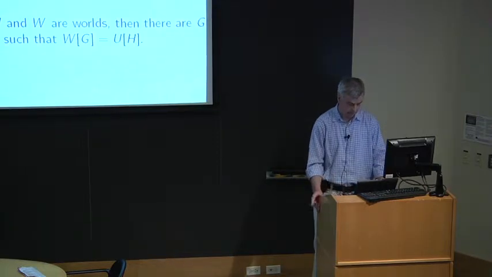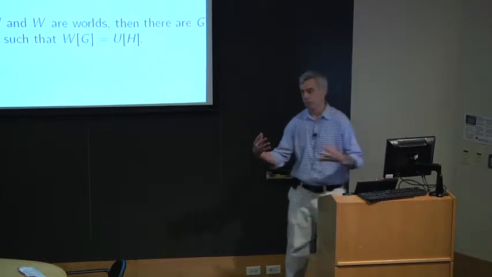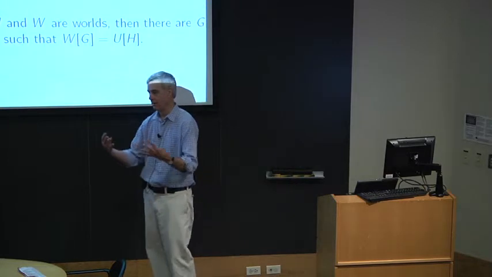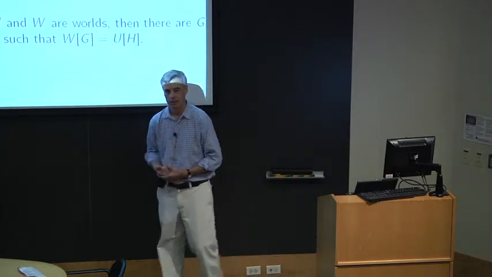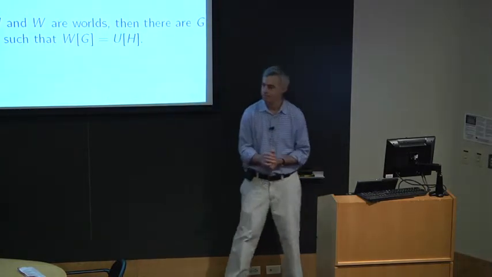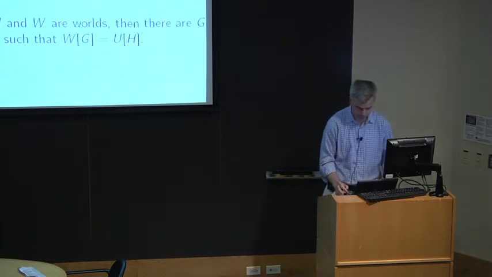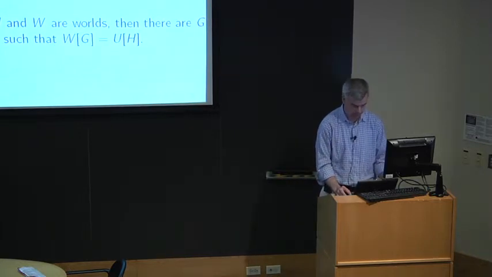And finally, amalgamation. If U and W are worlds, then they can be put together into a single world. There's a common generic extension of the two. Okay, so that's the theory. Those are the axioms of the multiverse theory. This has nothing to do with Joel Hamkins's multiverse, and it's also not Hugh Woodin's generic multiverse.